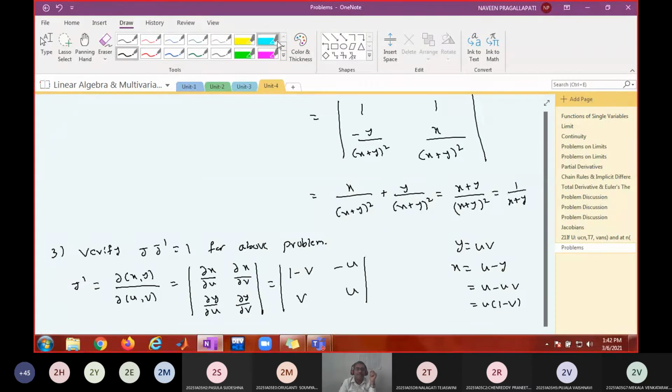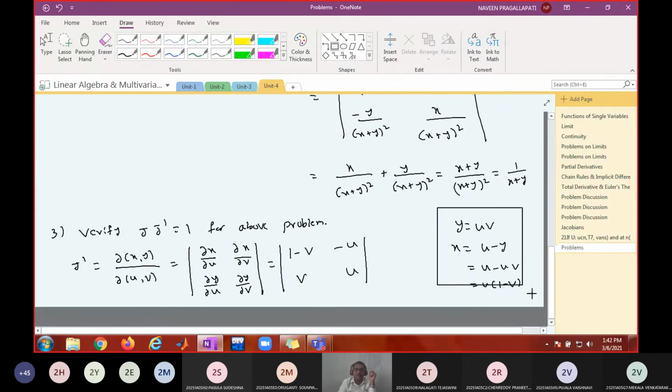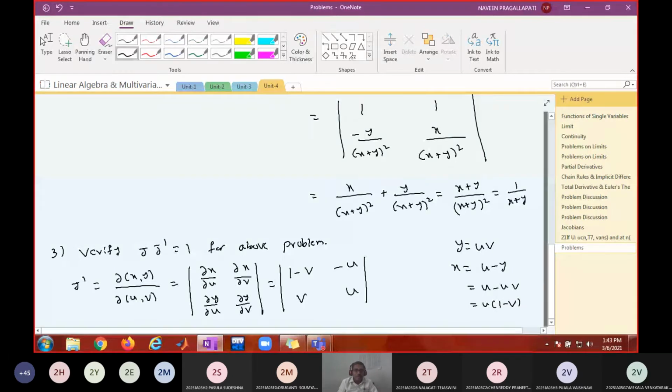So what is the simplification? Can you tell me? U minus uv. This is u minus uv plus uv equal to u. Okay. Therefore, what is J dash? U is nothing but x plus y only, no? Therefore, what is J dash? 1.